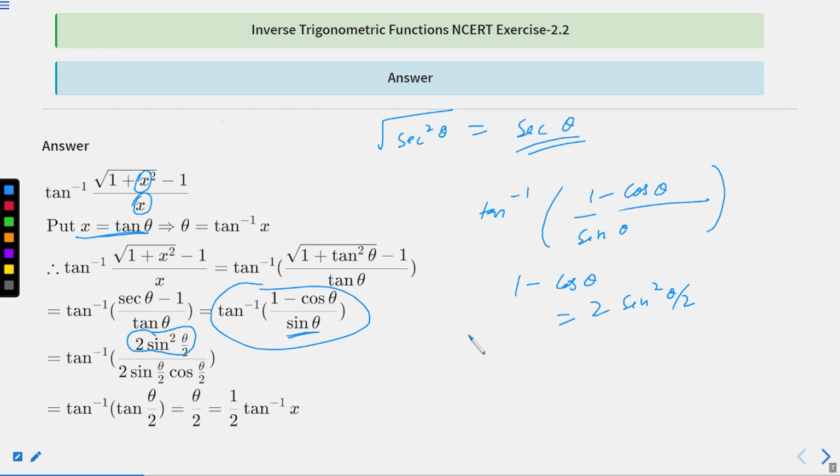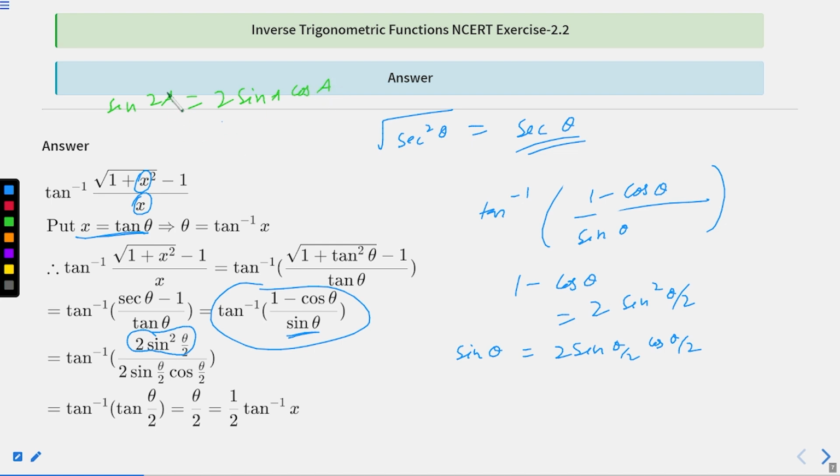And similarly, sin theta is, if you recall, 2 sin theta by 2 cos theta by 2. Because if you recall, sin 2a is equal to 2 sin a cos a.